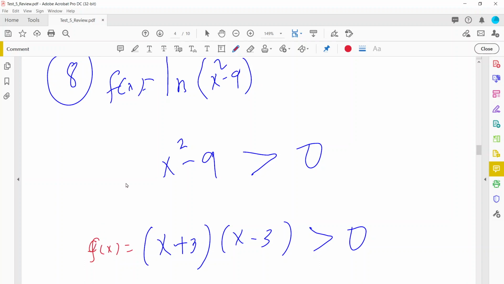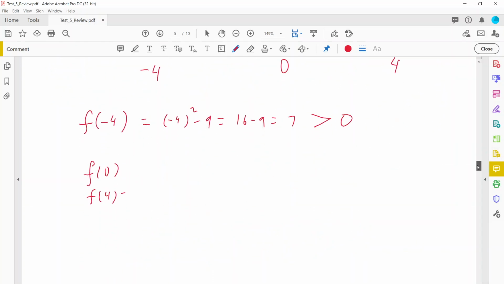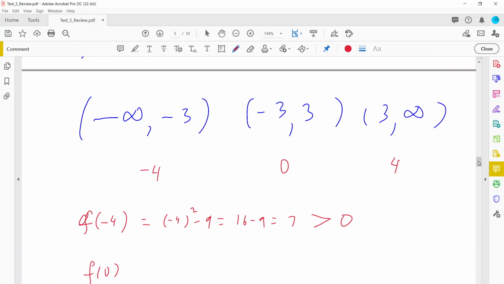Okay, let's say this is g of x, because we already used f of x for ln of this one. So g of x is positive on this interval, because it is positive at one point on this interval.